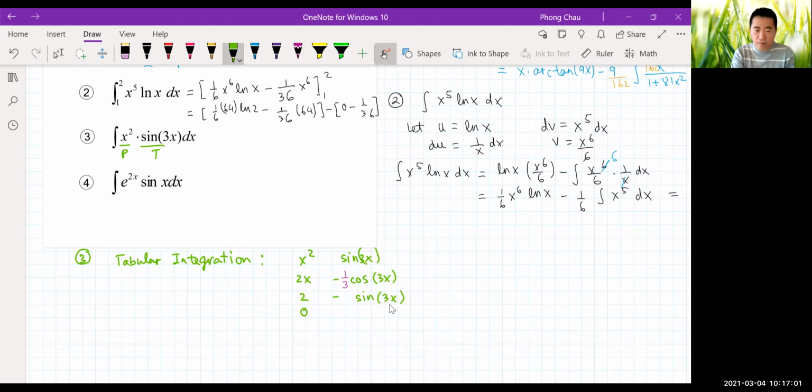Again, the derivative of sine is cosine. Now you have 1/3 here in front. But again, due to the chain rule, instead of times 3, you divide by 3, so there's an extra 1/3, and I change that to 1/9.